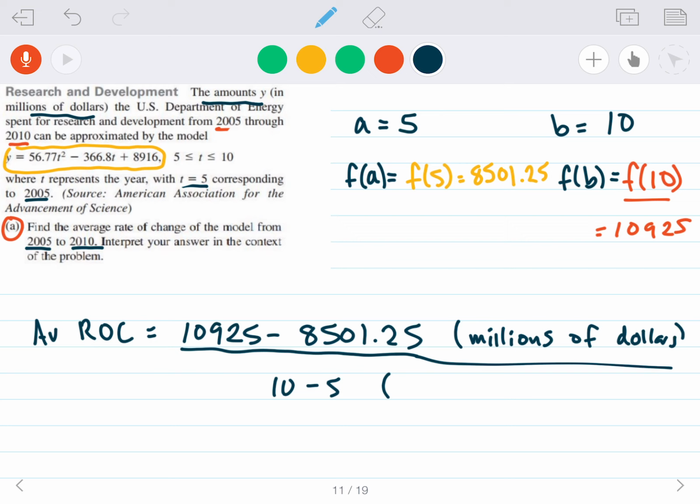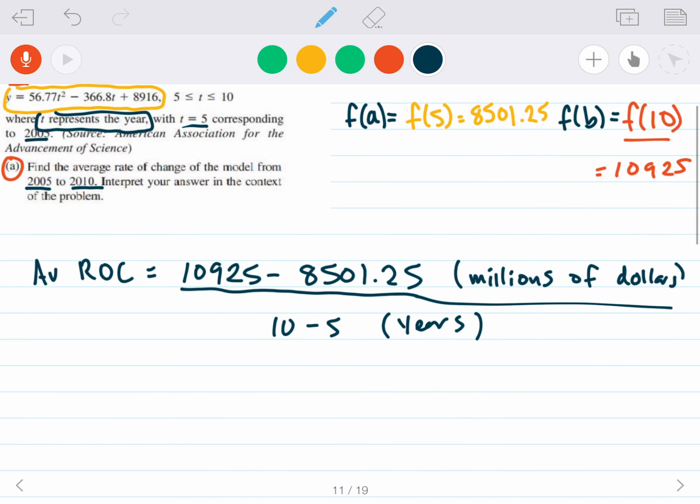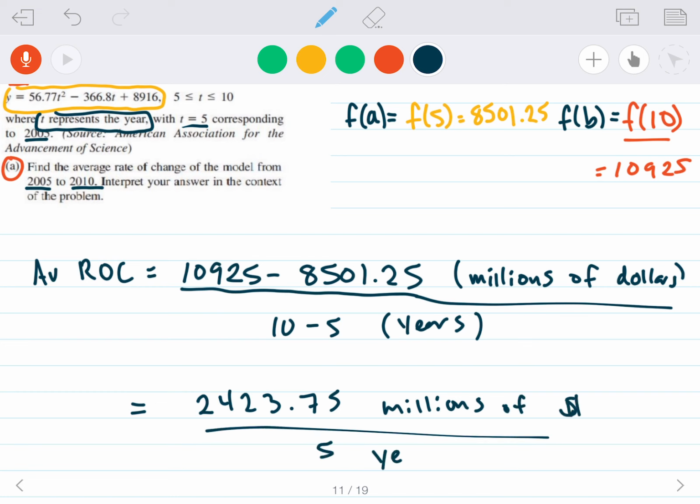And what are the units here? Well, T represents the years. So this is going to be in years. Okay. All right, so if we do this computation, so let's do 109.25 minus 8501.25. So on top, I'm getting 2423.75 millions of dollars over 5 years.